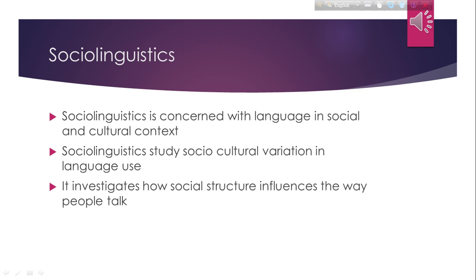My dear students, though this is the second lecture on the topic of language varieties from sociolinguistics, I'm going to start with some basic concepts on sociolinguistics. Sociolinguistics is concerned with language in social and cultural context, and it descriptively studies the effect of different social aspects on the way language is used.